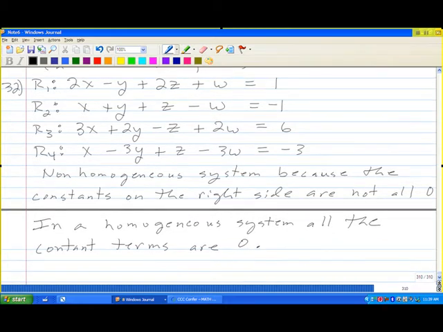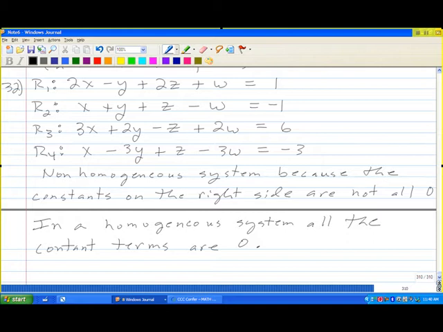So I guess the first thing to do is to figure out what variable I want to eliminate: x, y, z, or w. In this case, I'll eliminate y.